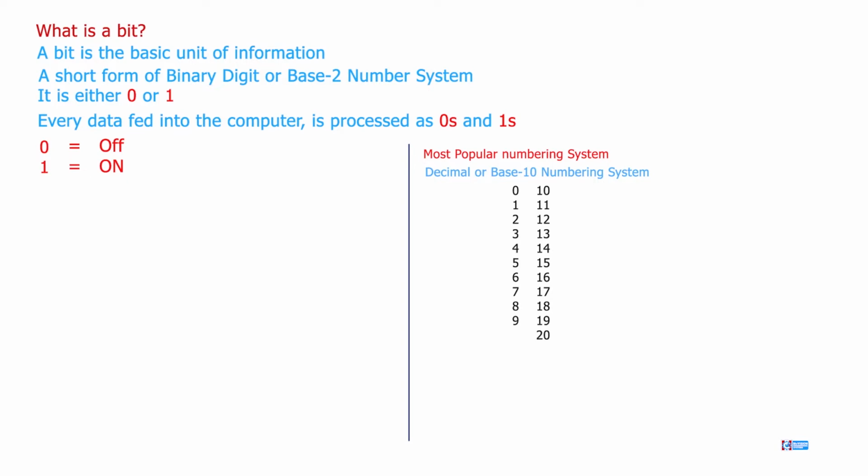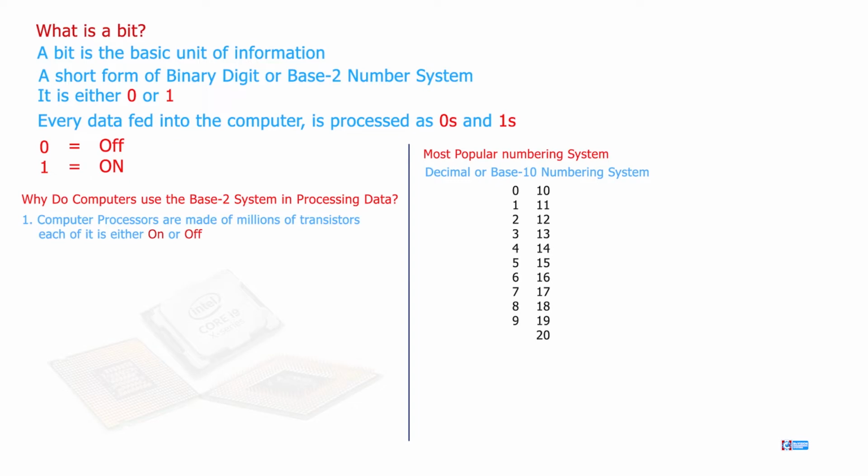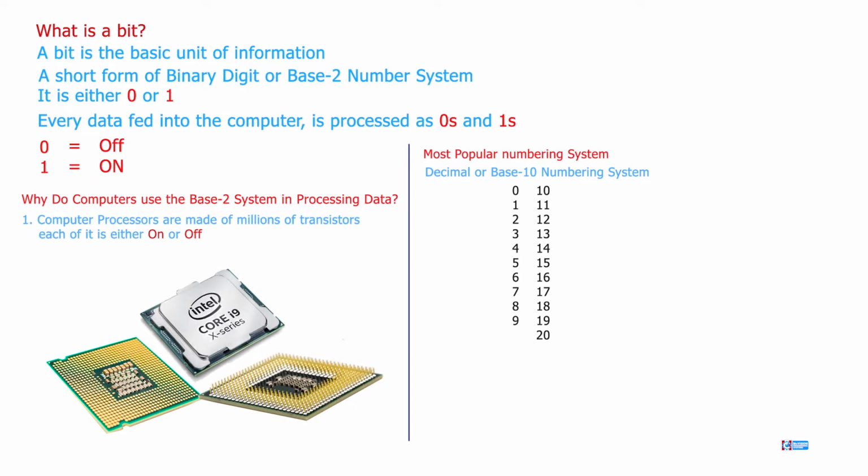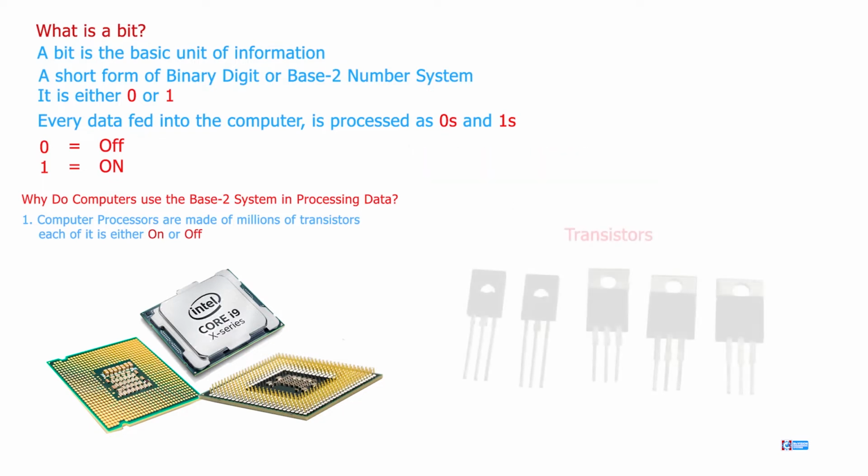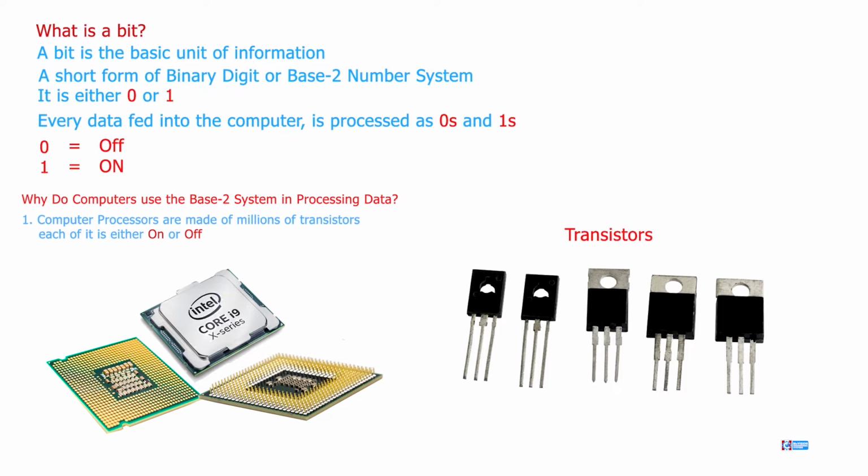Now, the question is, why do computers process data using zeros and ones, that is, the base 2 system, but not the popular base 10 system? The answer is that computer processors operate by using millions of electronic switches called transistors, each of which is either on or off. Similar to this, but much smaller. The state of the switch, either on or off, can represent binary information, such as yes or no, true or false, 1 or 0.